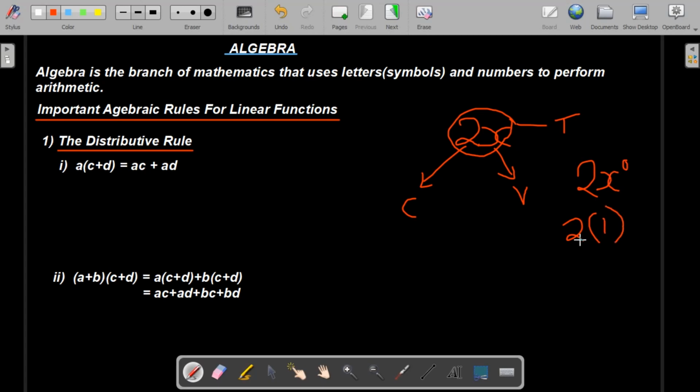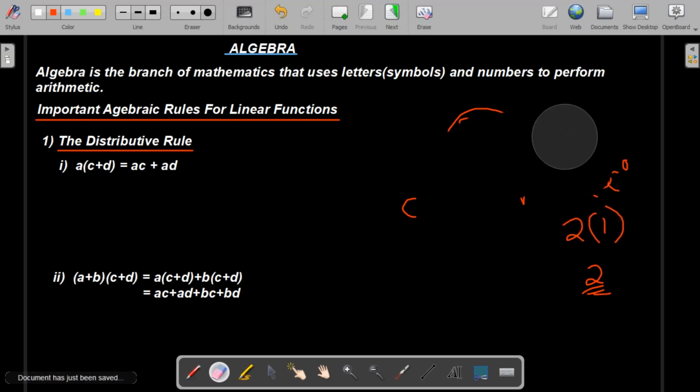That's the reason why we remain with 2 multiplied by 1, which gives us 2. So in algebra, the numbers attached to letters are called coefficients, and the letters are called variables. That's what we call them.